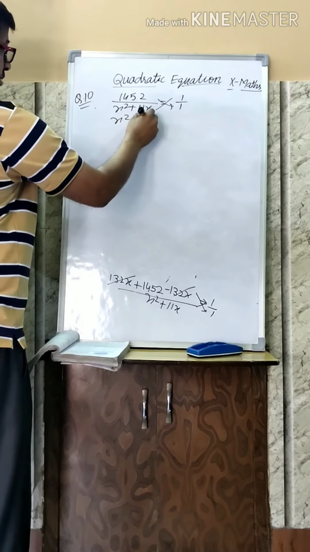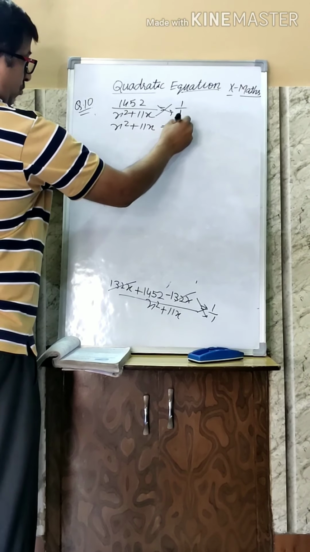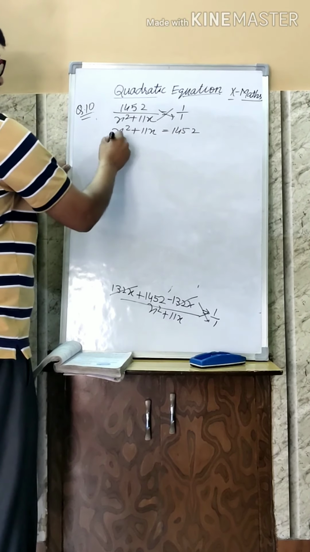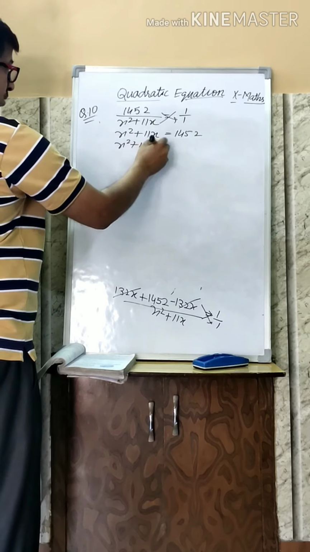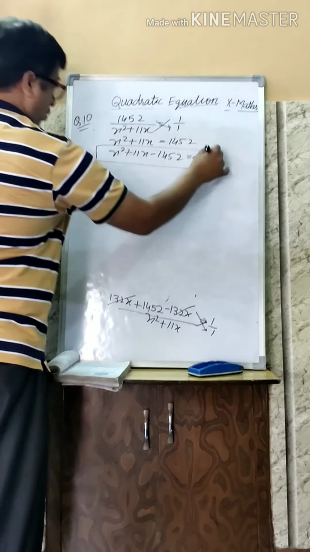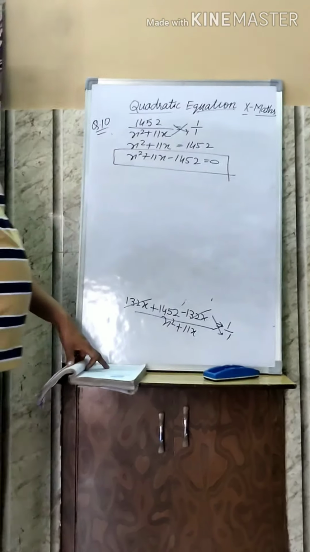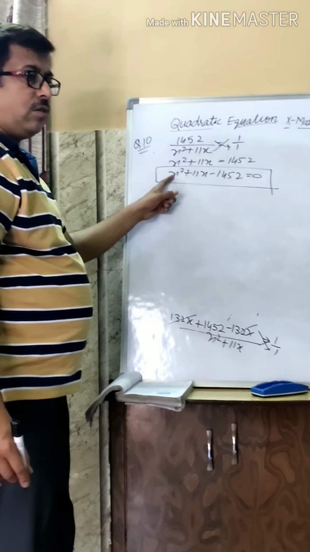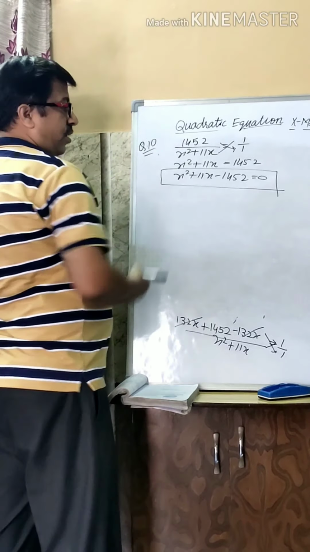So x square plus 11x is equal to 1452. So x square plus 11x minus 1452 is equal to 0. This is the quadratic equation.